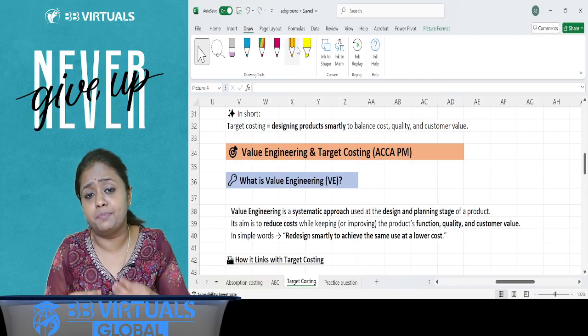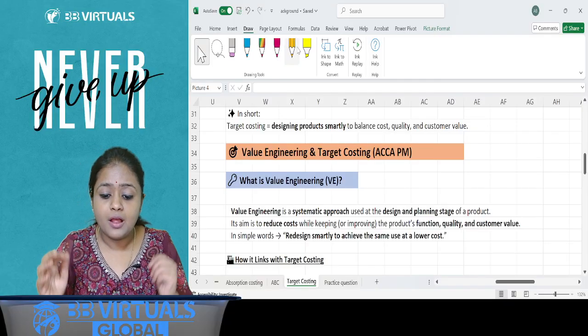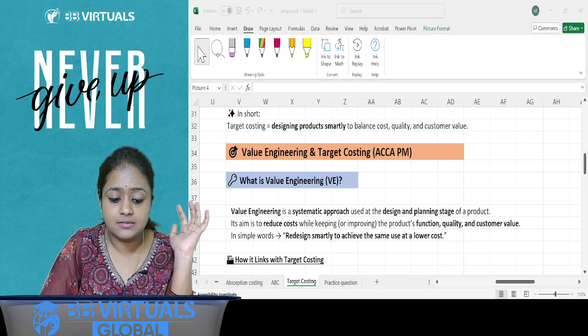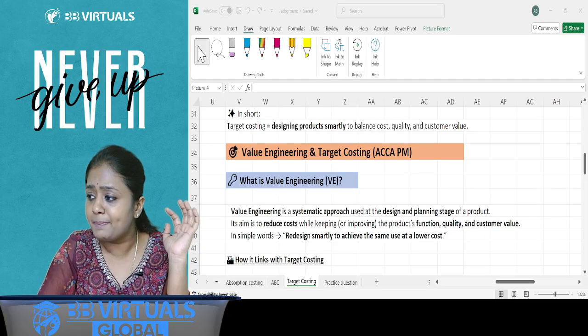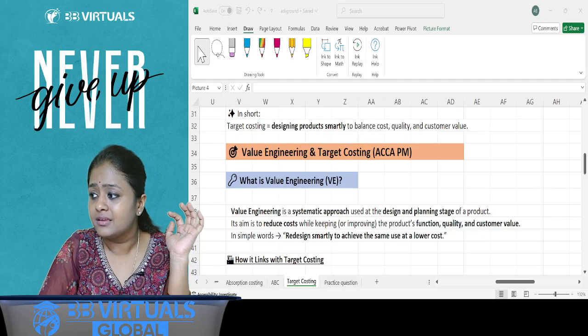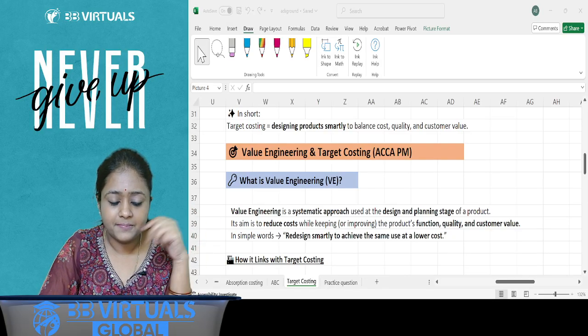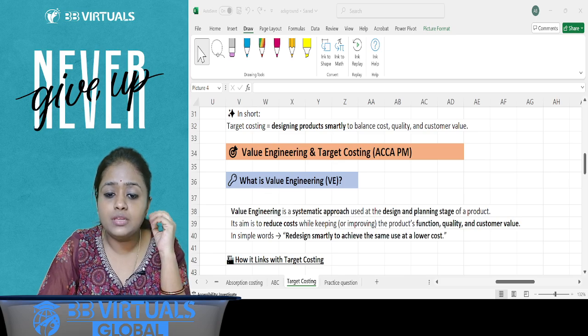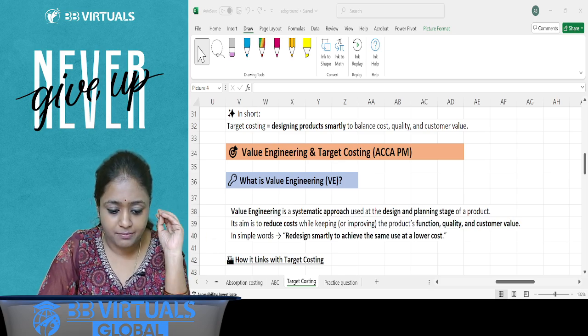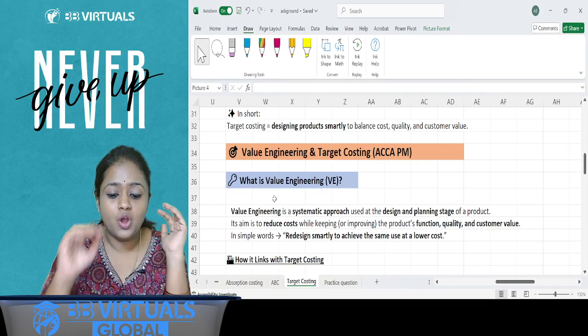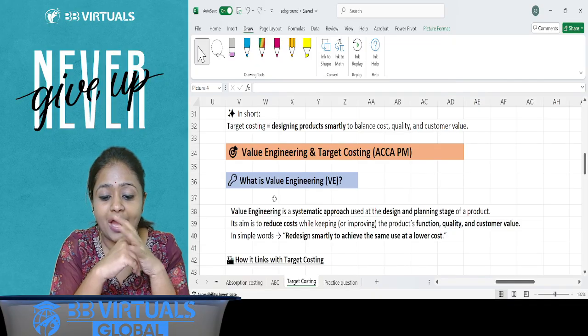We will try to have some replacement of the softwares used. Okay, now what is the purpose of value engineering?